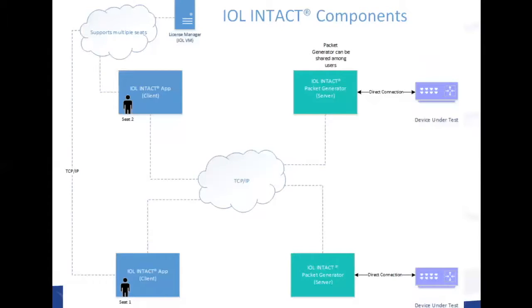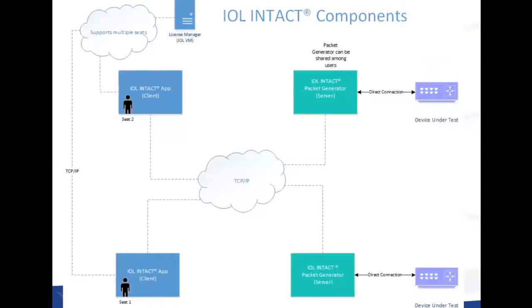Here's another picture of that flexibility where you can see the different components. What we're trying to show here is that you can have multiple client applications connecting to one or more packet generators or servers. Each server is typically connected to one device under test, but that doesn't preclude you from connecting multiple DUTs to the same server or any combination thereof.